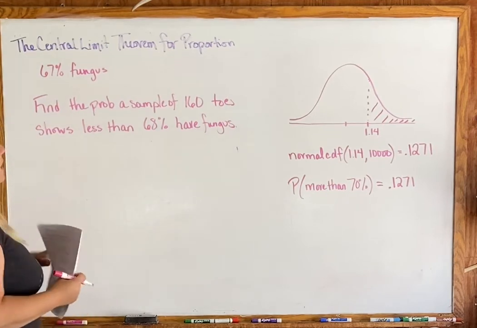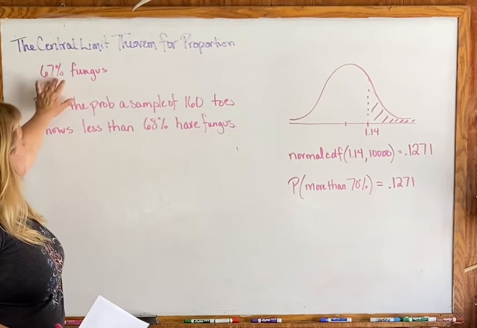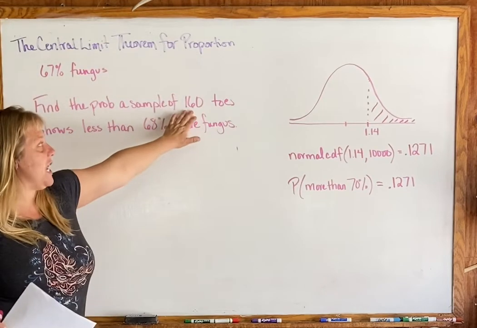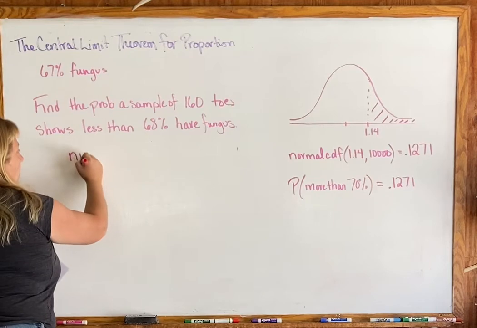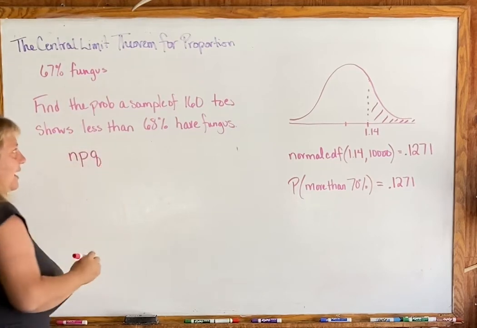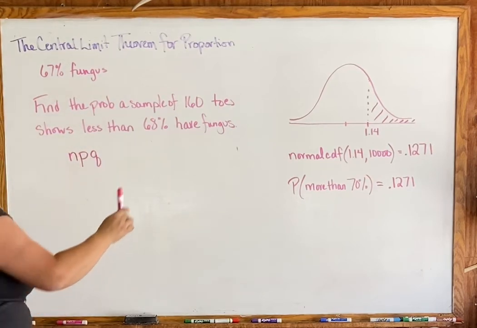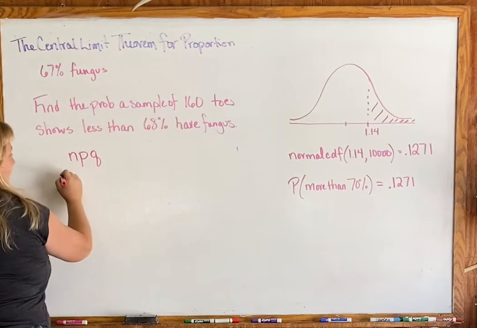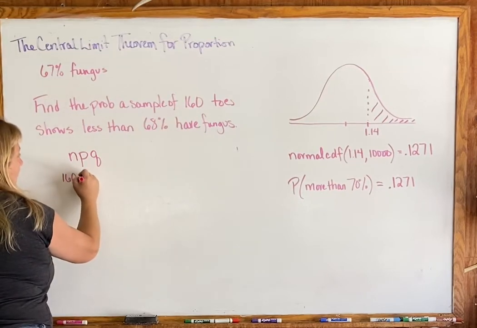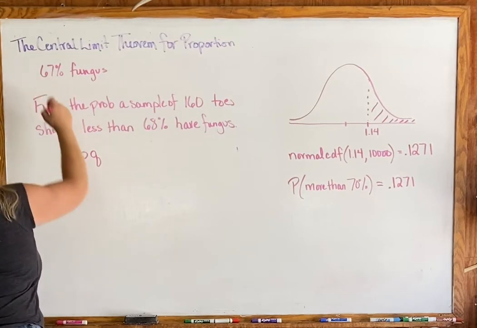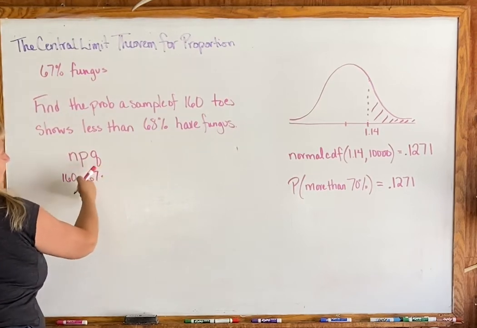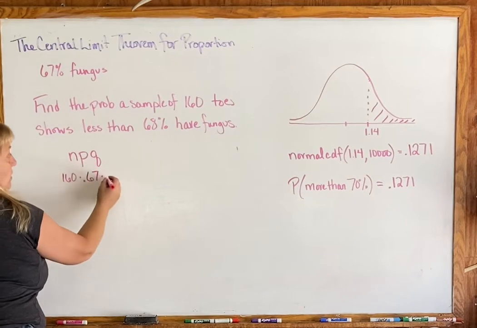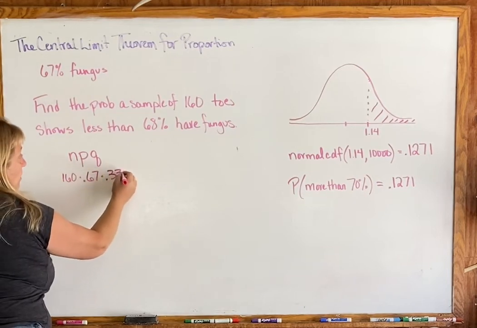Now we're still using our original 67%, but we've changed our sample size. So in order to find normal, again, we need to do the n times p times q. Now this time our n is 160. Our p is still the same, so our p is still 0.67. And if our p is still the same, so is our q, 0.33.